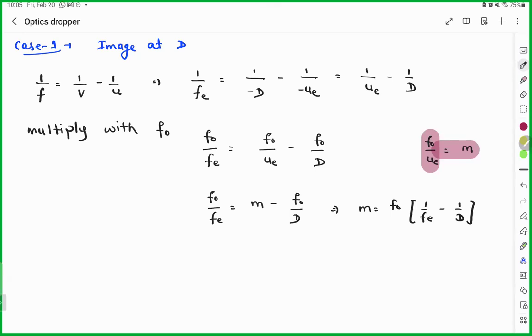If you take the minus, or plus, sorry, plus, to the other side and take FE common, then f naught by FE will be equal to 1 plus FE by D. Done.